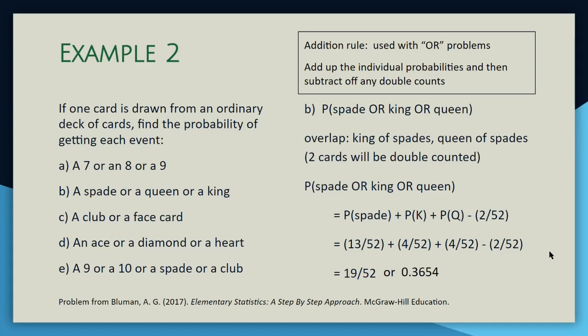I would encourage you, now that you've seen B, to pause this video and try C and D on your own before I go through this work. C, D, and E are going to look very similar to B, where you're analyzing the overlap before you start the probability calculation.